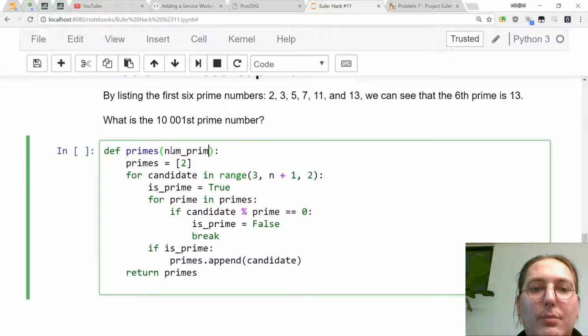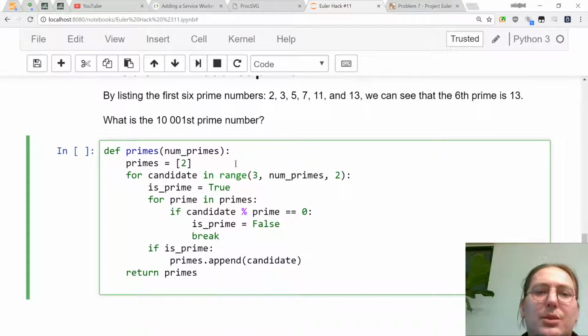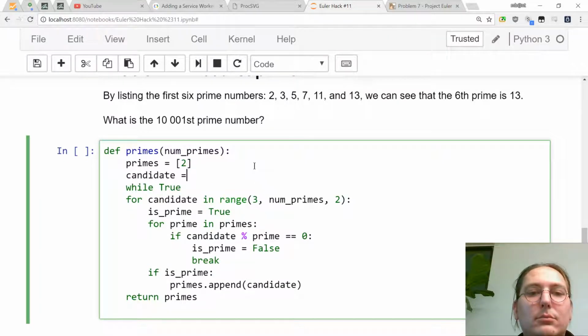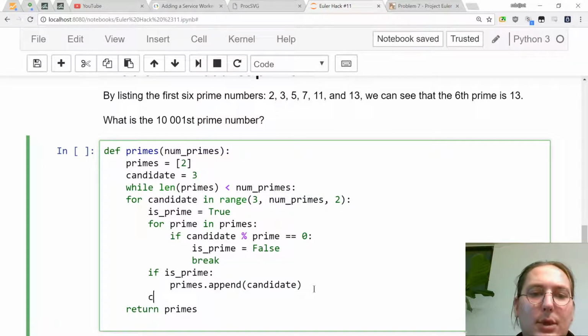Okay. Num primes, and then what do we need to do up to? Actually, we probably just go while true. Yeah. Or while len primes less than 10,000. Yes, right. And then we just at the end can.